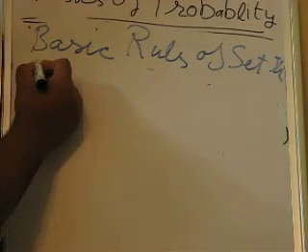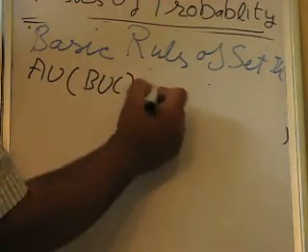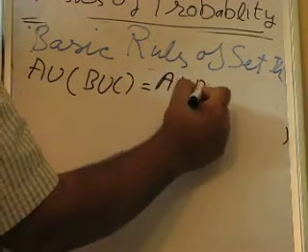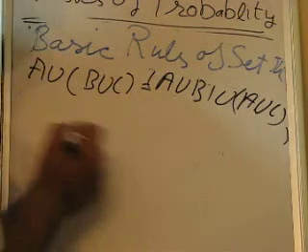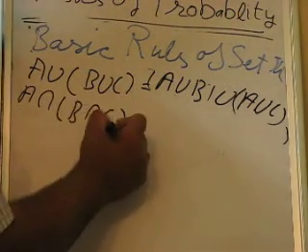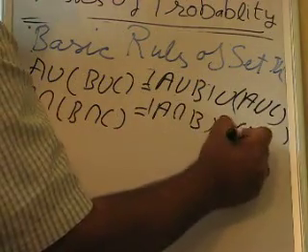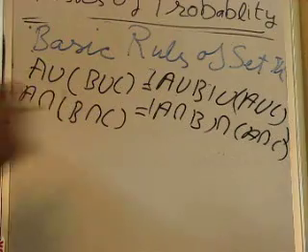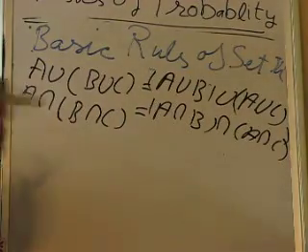Again I will repeat: A union B union C is equal to A union B union A union C, and A intersection B intersection C is equal to A intersection B intersection A intersection C. This is the associative law, not the distributive law.